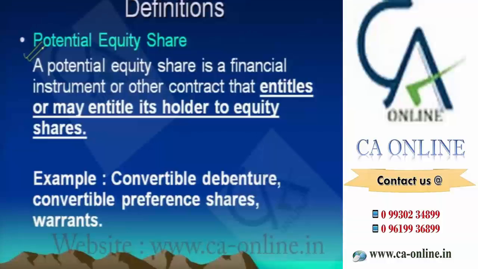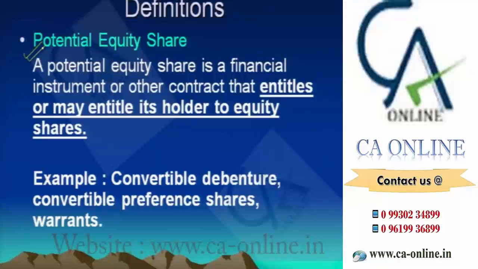Any simple example of a potential equity share? All convertible instruments which are convertible into equity share. So example is convertible debenture. Then the next example would be convertible preference share or warrants. Is it right? Share warrants are also potential equity share because they are not equity shares right now. But the share warrant holder can apply to the company, pay the price and convert into share.